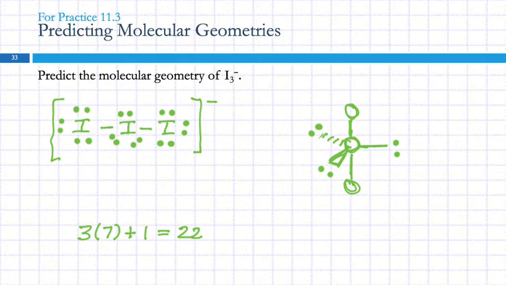What's the name of the shape? Linear. Okay. What would the bond angle be? 180 from here. And the lone pairs are not going to affect that because they're kind of opposing each other.